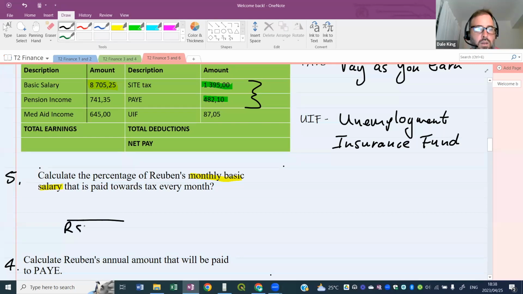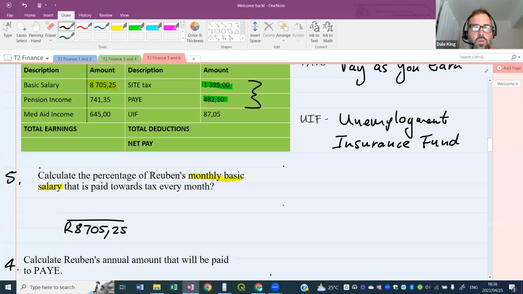What percentage of this value does he pay towards tax? I mentioned that both of these values here are tax. I'm not specifying PAYE or SDL individually. The word tax is a general word talking about both of these together, so we need to add those up.